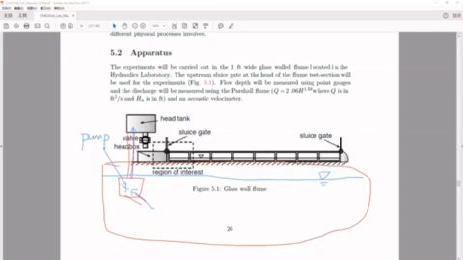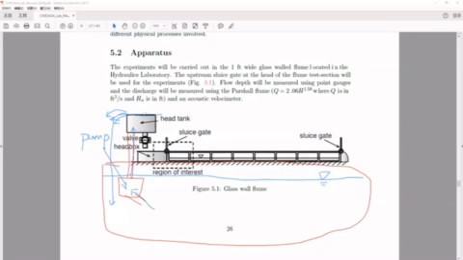Because the pump is very powerful, it can keep the head tank full. As I told you, if the head tank is full, there's a spillway on the side, so the water can come out from the spillway and back into the storage pump. So it's a circulation.